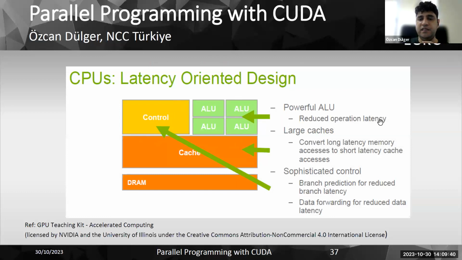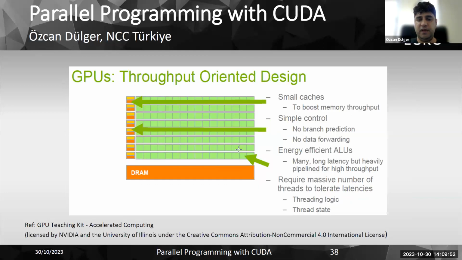They reduce the operation latency, and it has large caches, which enable us to read and write operations faster. In GPUs, there are small caches here. They are used to boost the memory throughput. And there is no branch prediction or data forwarding. It has a simple control.